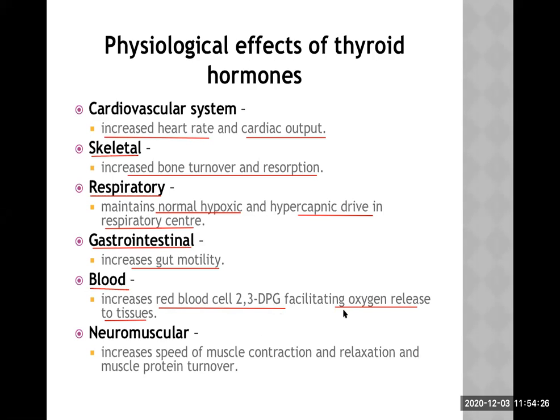It will bind with the oxygen first. It will transport oxygen in the blood. And when it reaches the tissue, remember, it should give that oxygen easily to the tissue. This is known as unloading. So 2,3-DPG helps to unload it. And thyroid hormone helps in the excessive synthesis of 2,3-DPG inside RBC. So this is also an important function.